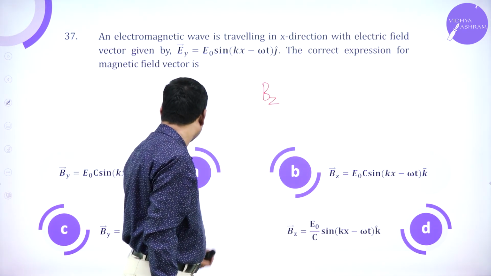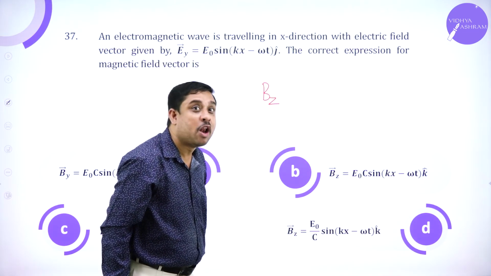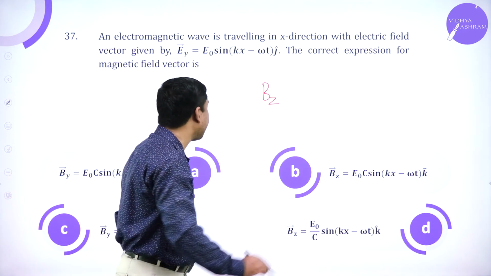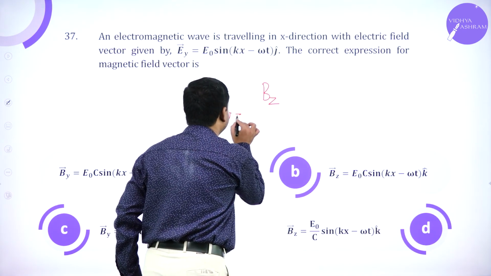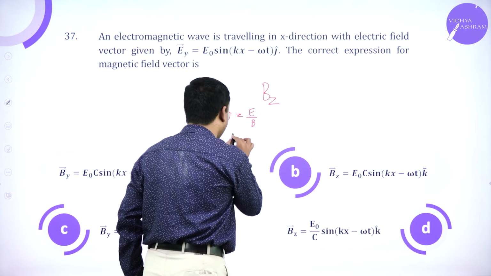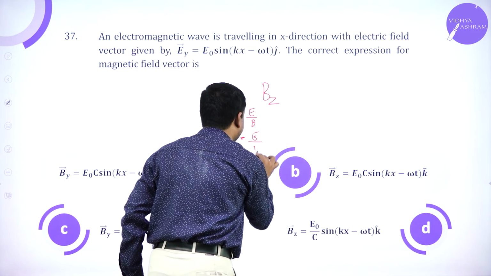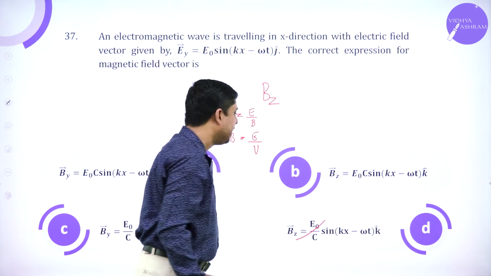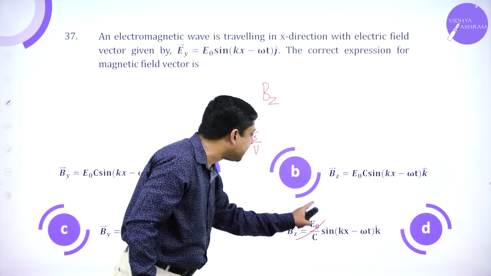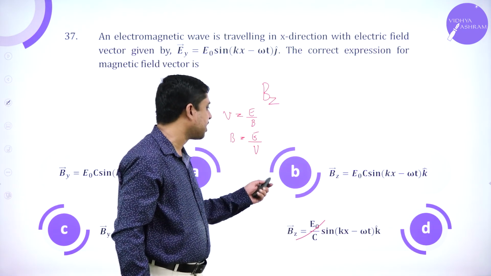Now, what is the maximum magnetic field? Velocity selector condition. Very clearly, we have V is equal to E by B. So we have B is E divided by V. So the answer is E naught by C. C is the velocity of electromagnetic waves, E naught the maximum value of the electric field.